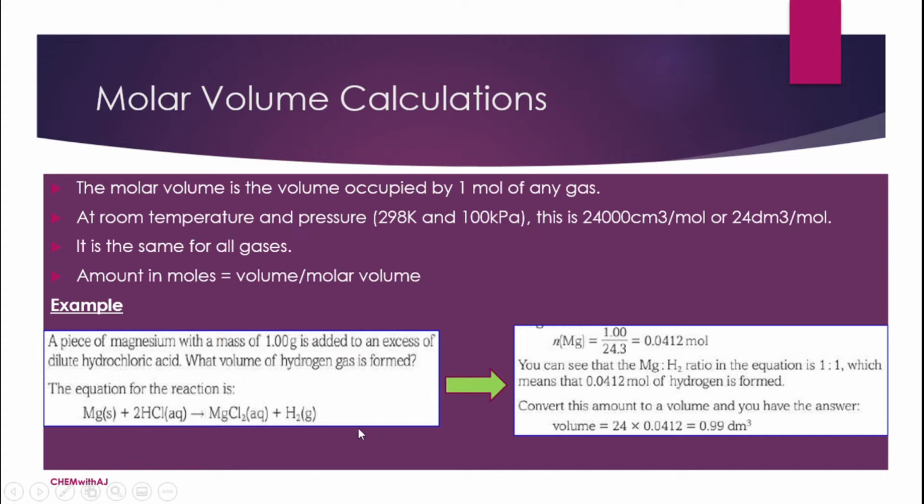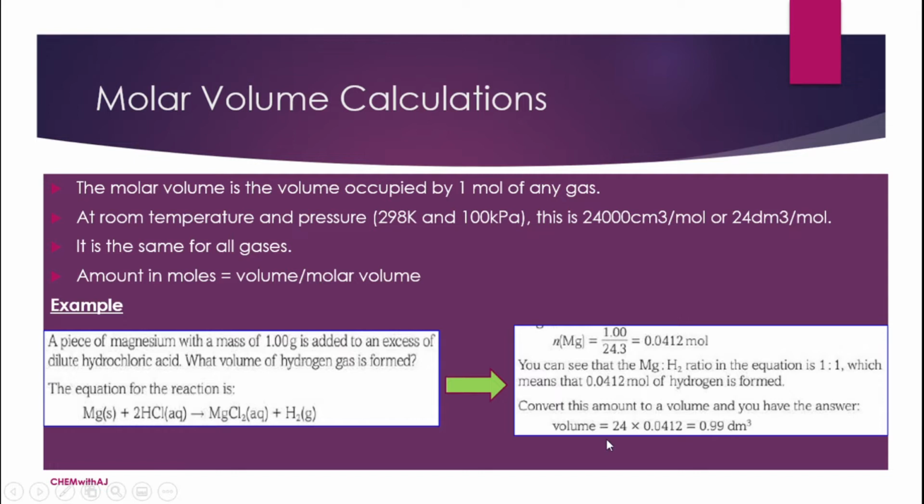Then we check the equation, and magnesium to hydrogen gas, they are in the ratio 1:1. Therefore we can say that the same amount of moles of hydrogen is formed. So 0.0412 moles of hydrogen is formed. Then all we have to do is use this equation, amount in moles equals volume over molar volume.